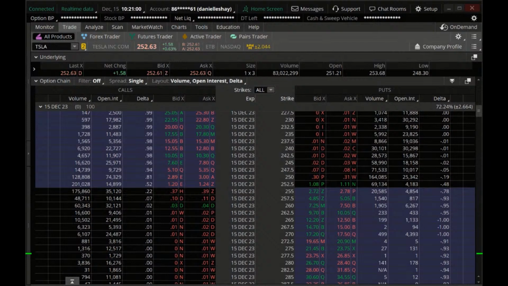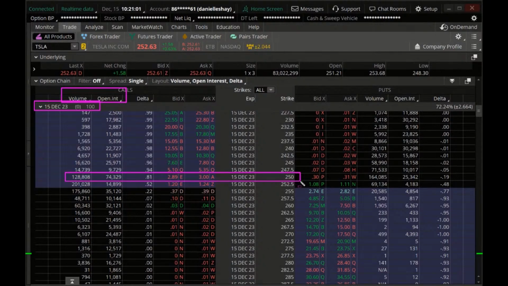That is not perfect for an example, just because if you look at your volume and open interest, especially on an options expiration Friday, you are generally going to want to pick the strikes that have the most volume and open interest. In this case, you're looking at either 250 or 255. So sitting right at 252.63, you're kind of right in the middle of both of those strikes.